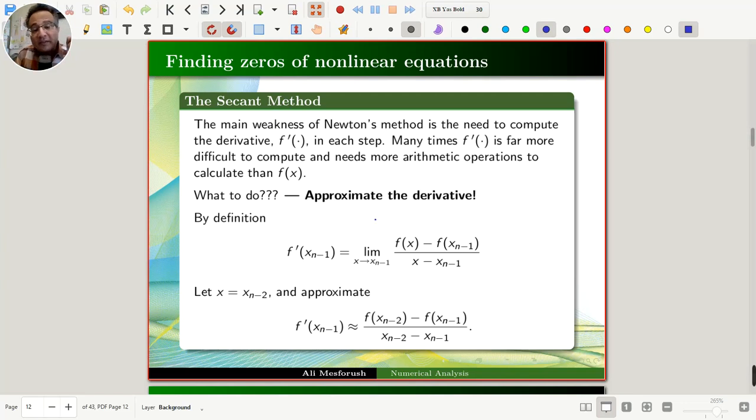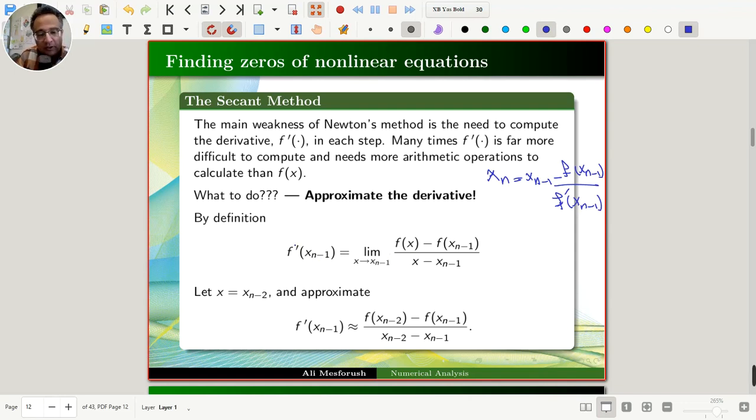The concept of the secant method is that in the sequence xn equals xn minus 1 minus f of xn minus 1 over f prime of xn minus 1, here we use the definition of the derivative of a function at point xn minus 1 instead of f prime of xn minus 1.